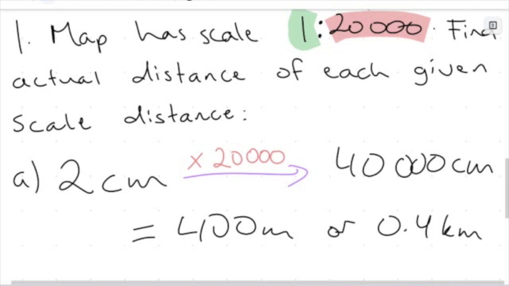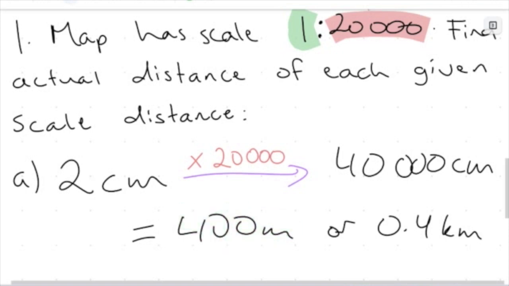So what we've actually done in this question is we've measured on our map what 2 centimeters is. Say I'm measuring the distance from one place to another on the map, and I've measured it as 2 centimeters. That means if I were to go to that exact place and walk from one part of it to another, as it's shown on the map, I'm going to be walking 400 meters.